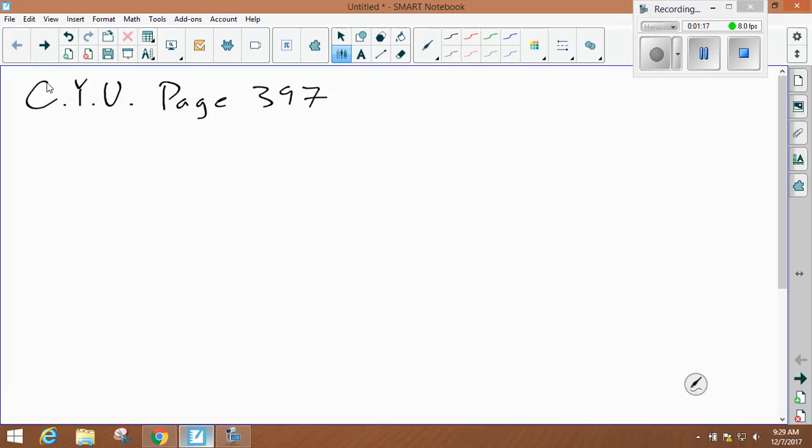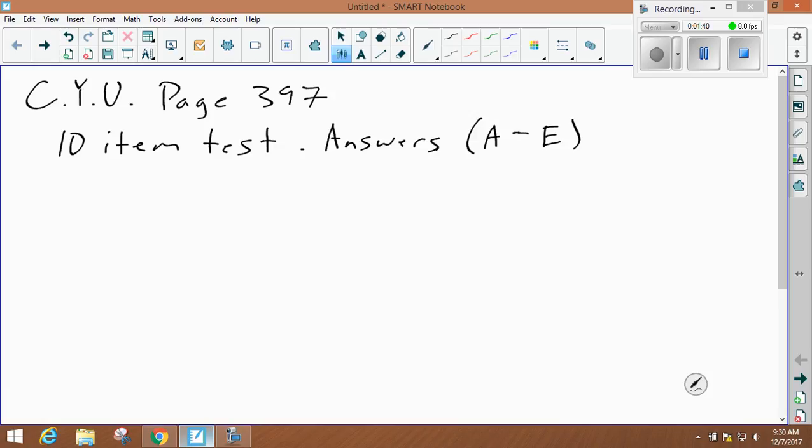So, to check your understanding, we have the same thing. We had a 10 item test. Answers had choices A through E. And then if you have a random key, same thing we did, use a random number generator to produce a key.